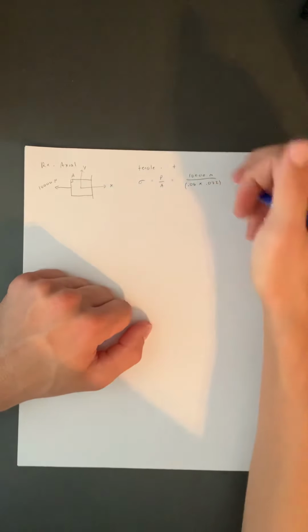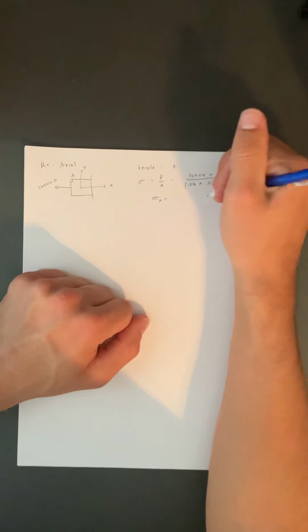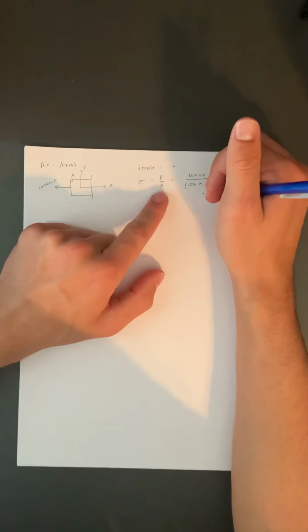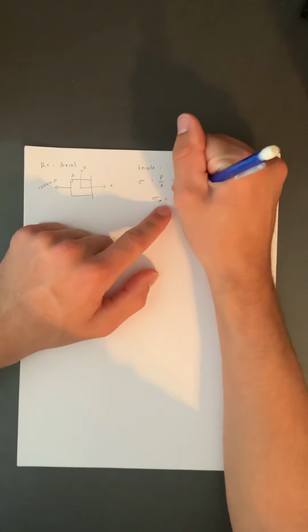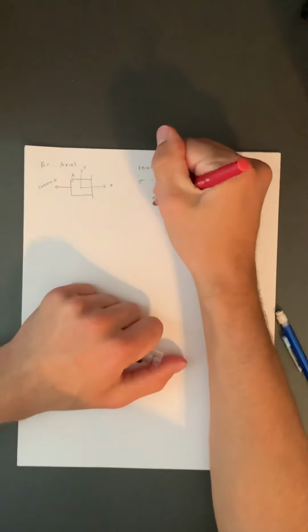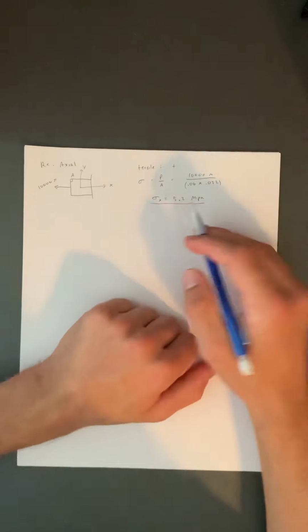It solves out to stress in the x equal to 5,208,333 pascals, or 5.2 megapascals. I'm going to underline this because it is important. That is our stress due to our axial force. And sorry about the barking, but okay, she stopped.